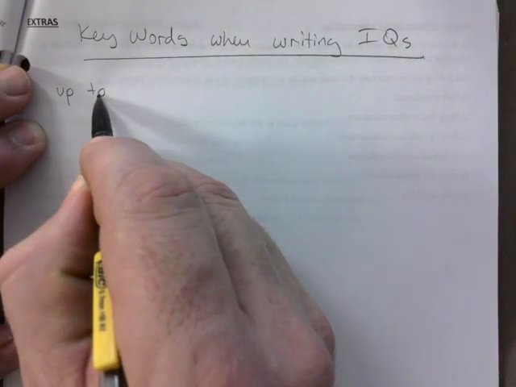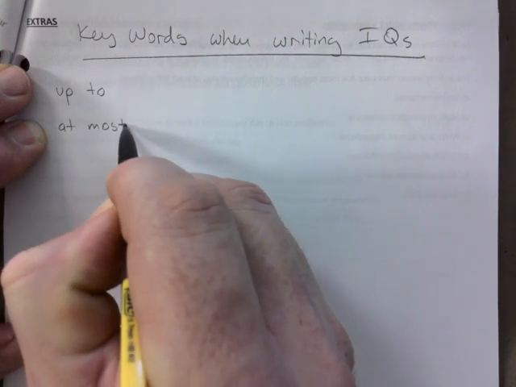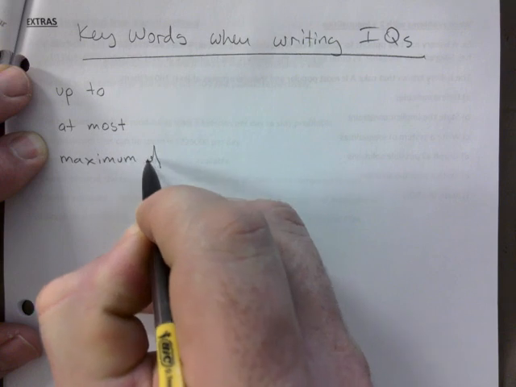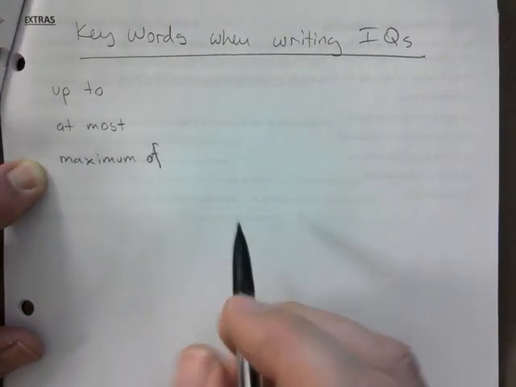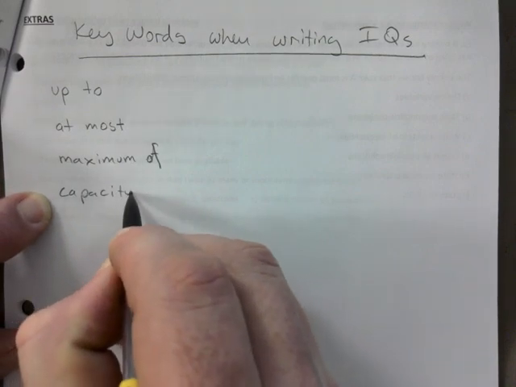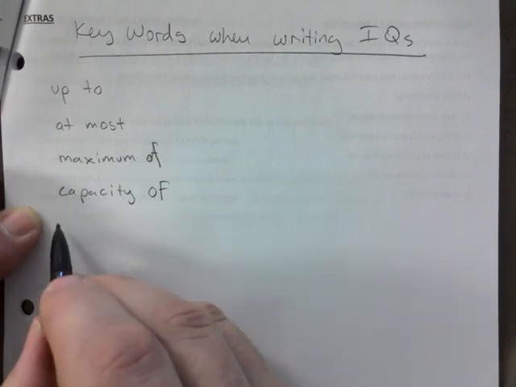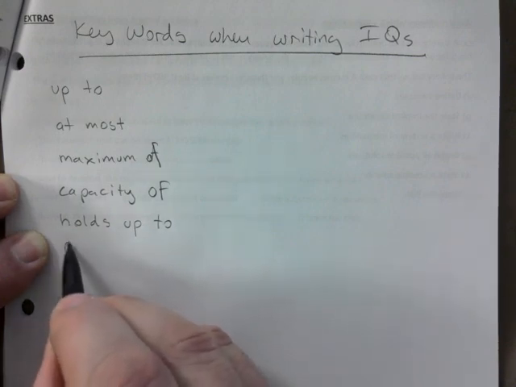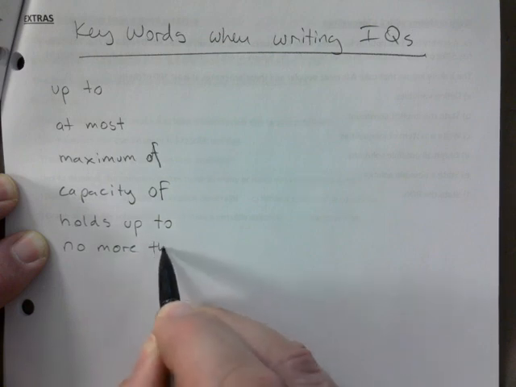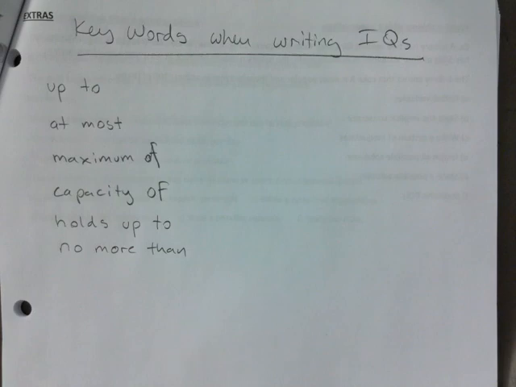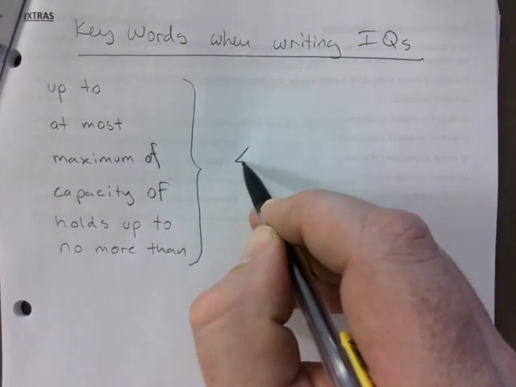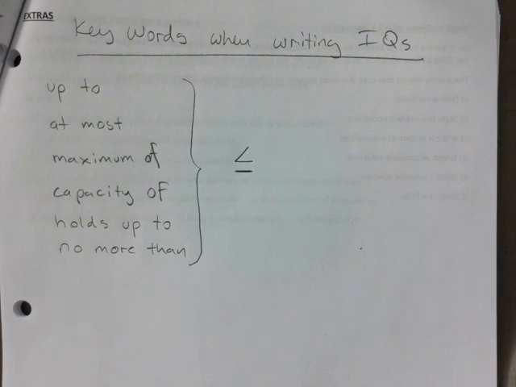If you read up to, or at most, or a maximum of, or a capacity of, holds up to, last one, no more than, any of those, or something similar to this, you have to make sure that you use this inequality. If you do that, you're already in good shape, if you identify that.